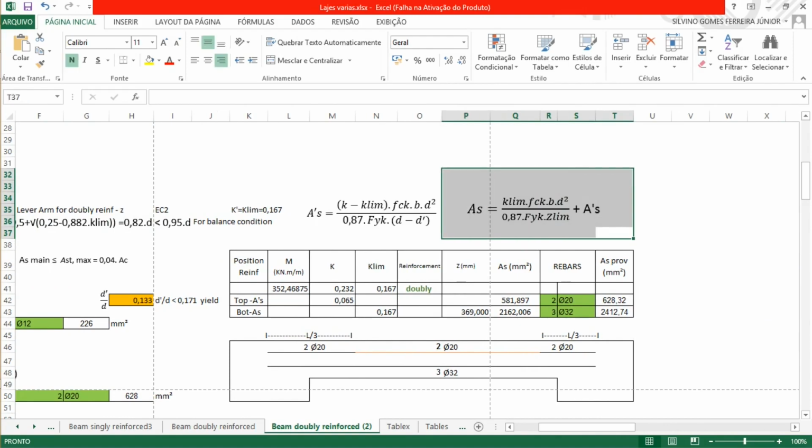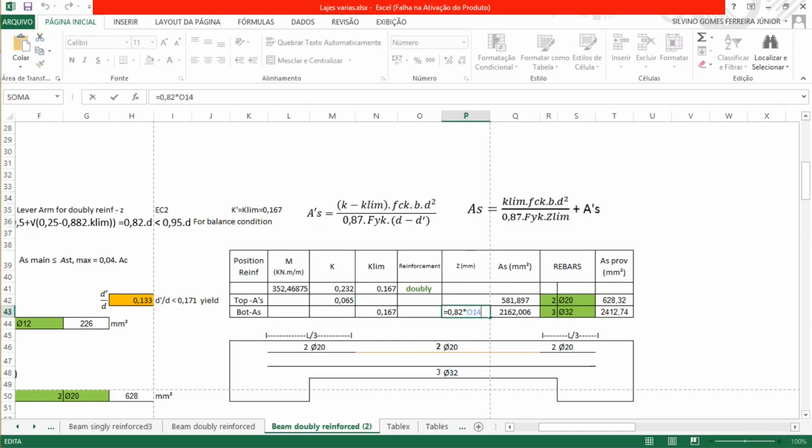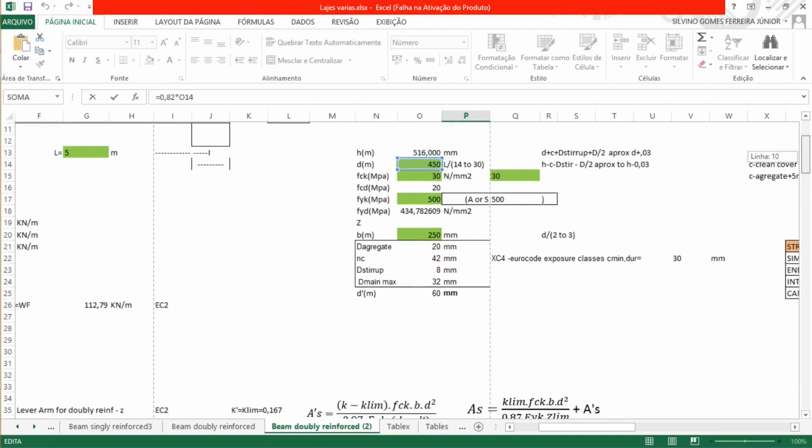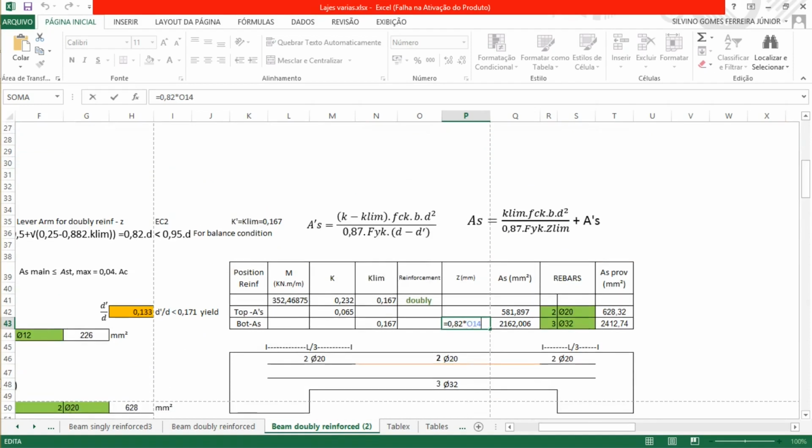This way we find a way of balancing the section of the concrete, so it can resist. Okay, so replacing the Z, 0.82 multiplied by D, that is the 450, gives us this lever arm, 369 millimeters.